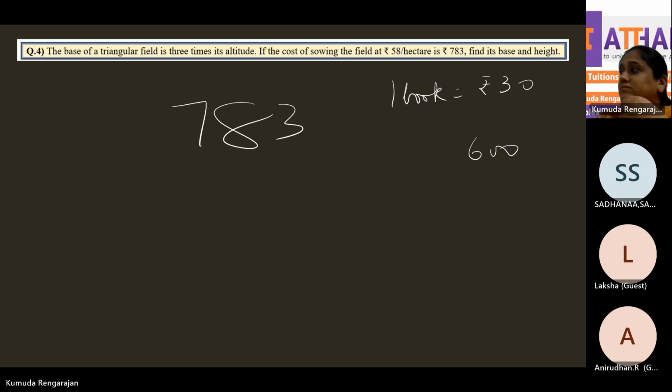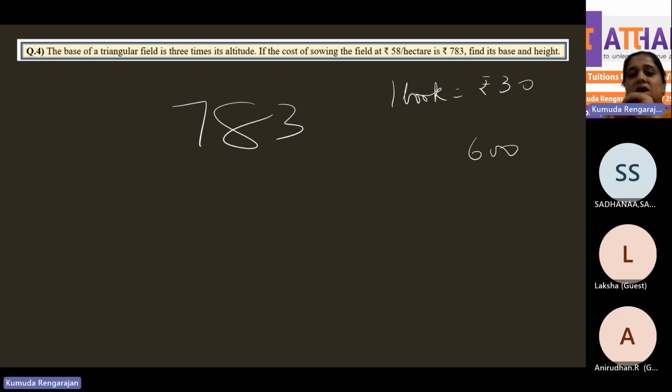Understand that? One book costs 30 rupees and you have spent 600 rupees to buy books. So how many books have you purchased? 600 divided by 30. 20 books you have purchased.